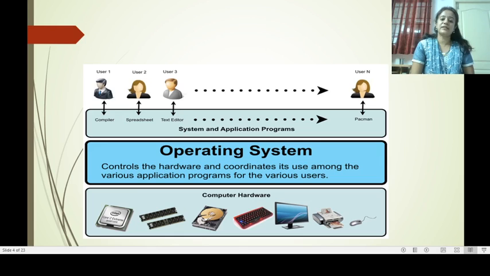Without the operating system, we cannot imagine the computer system. The operating system is a backbone for any application to be used in an efficient way. The operating system acts as a manager of all the resources.